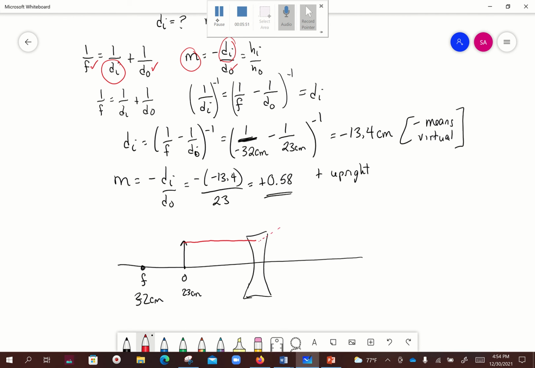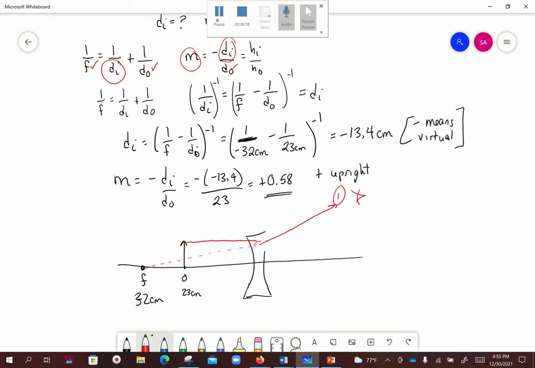So it bends away, and it bends away so that, let's see if I drew this right. Maybe I should draw the other side first. So it bends away so that the refracted ray extrapolates backwards. If I put my eye over here, it looks like that refracted ray came from the focal point. So there's my ray number 1.